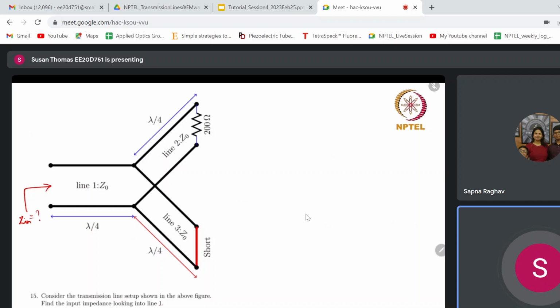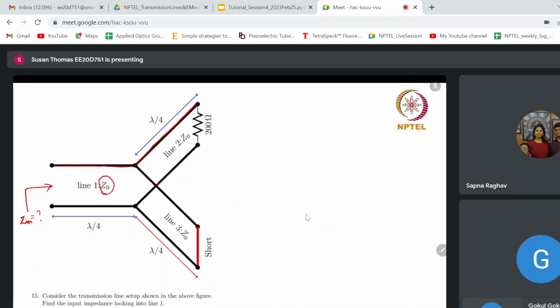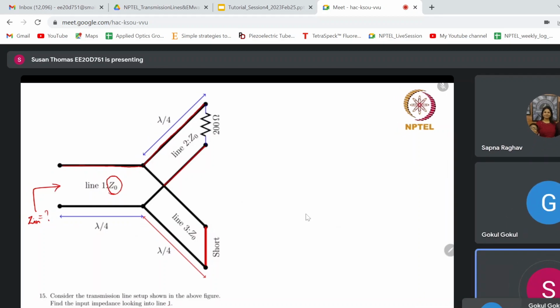Now here we can see that this line, that means from here to here, this is line 1. This has a characteristic impedance Z0. From here to here, this is line 2. So when I say line 2, this is both. Okay, and this again has a characteristic impedance Z0. Now look at this one.